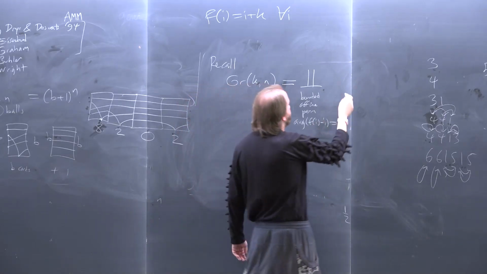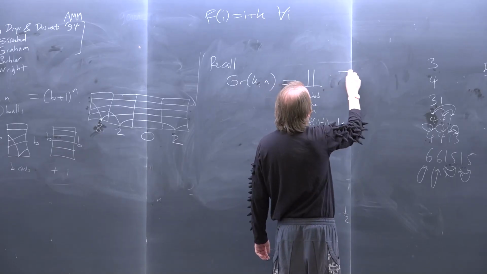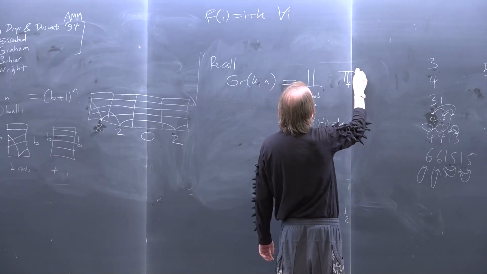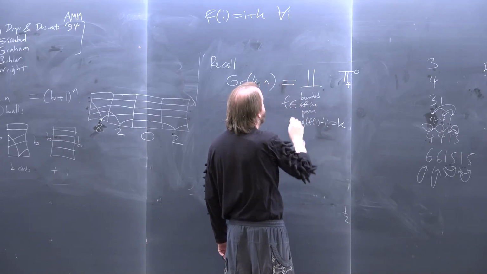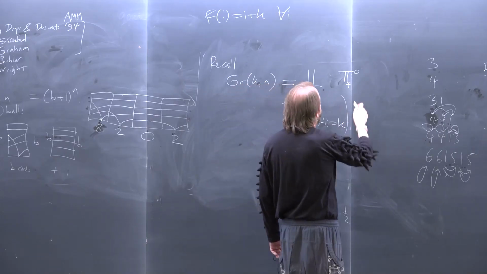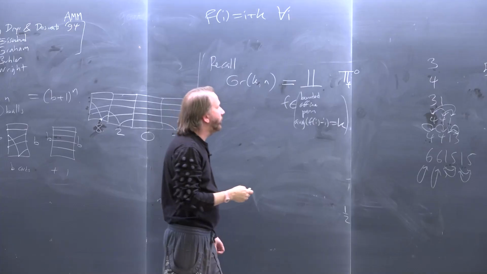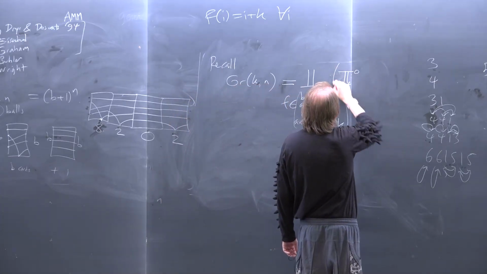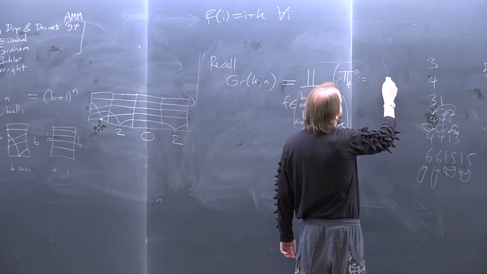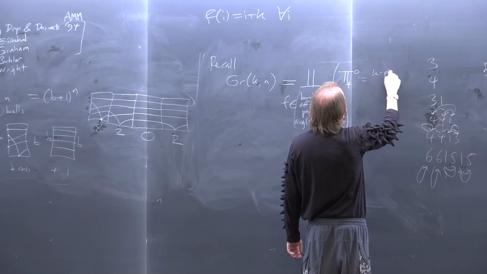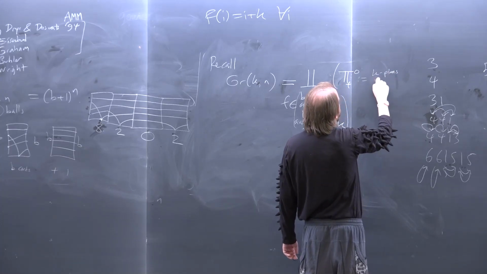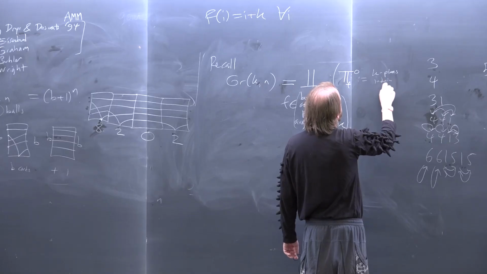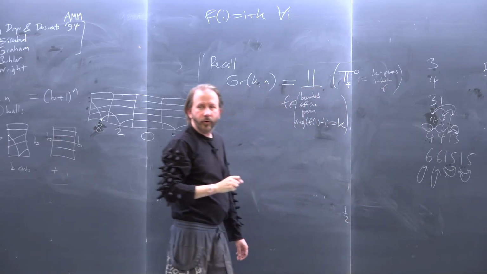And then we get some stratum that I'm going to call pi sub f open. So f is running over these, and this was those k-planes inducing the affine permutation f, according to the rule at the beginning.